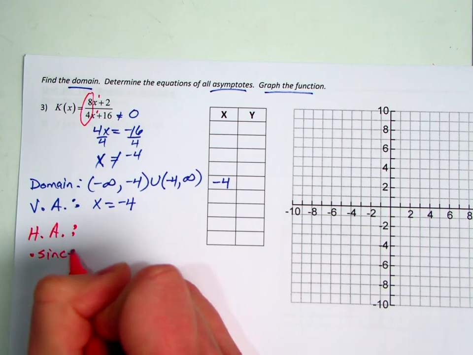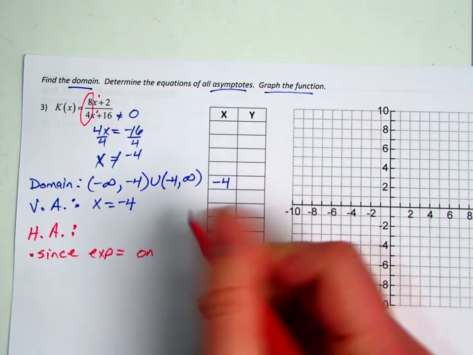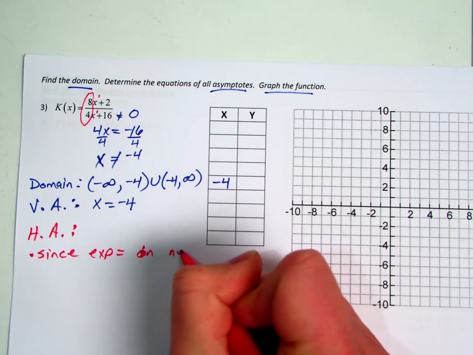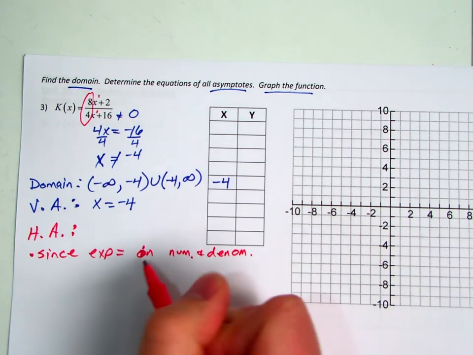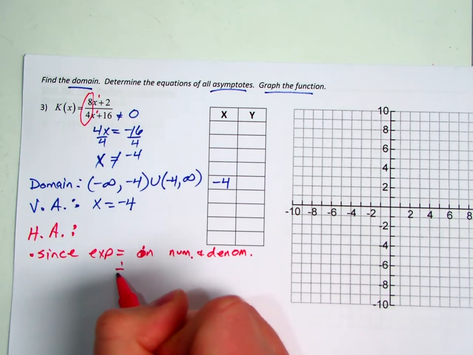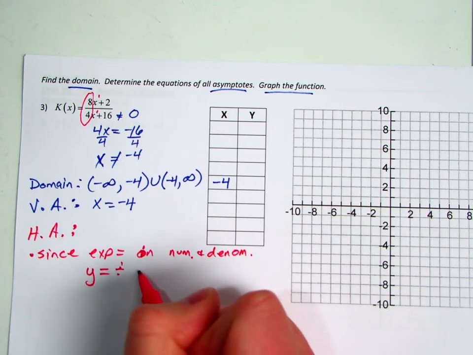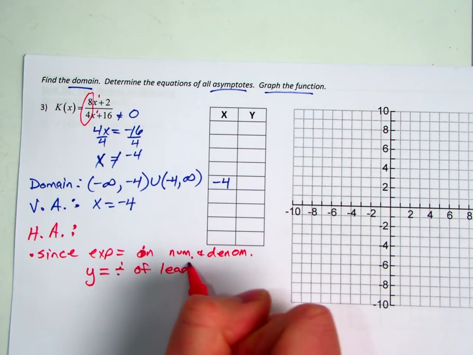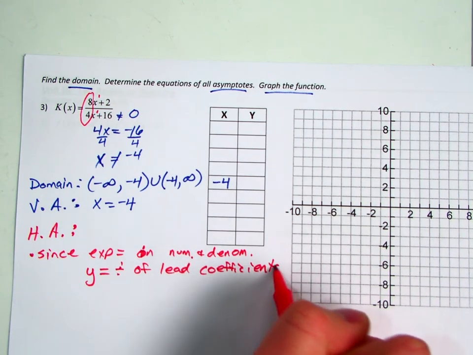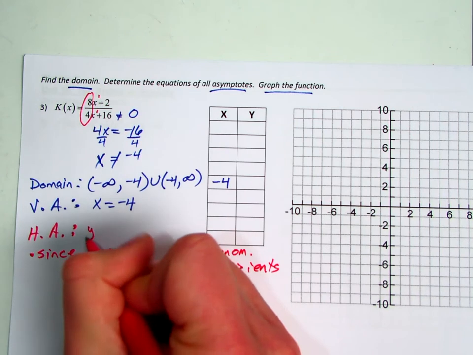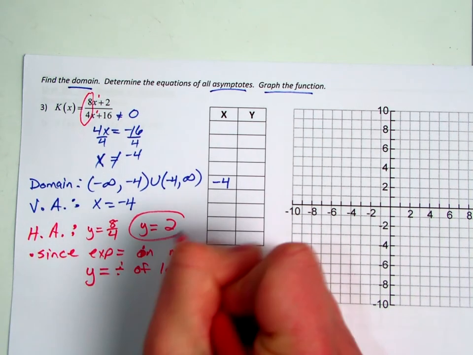Since exponents are equal in numerator and denominator, you do divide the lead coefficients. Y equals the division of the lead coefficients. So in this case, my lead coefficients are 8 and 4, so y equals 8 divided by 4, which means my horizontal asymptote is at y equals 2.